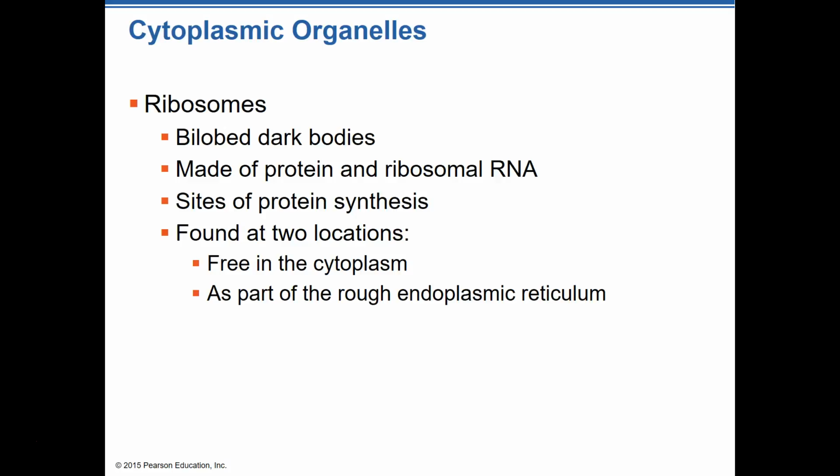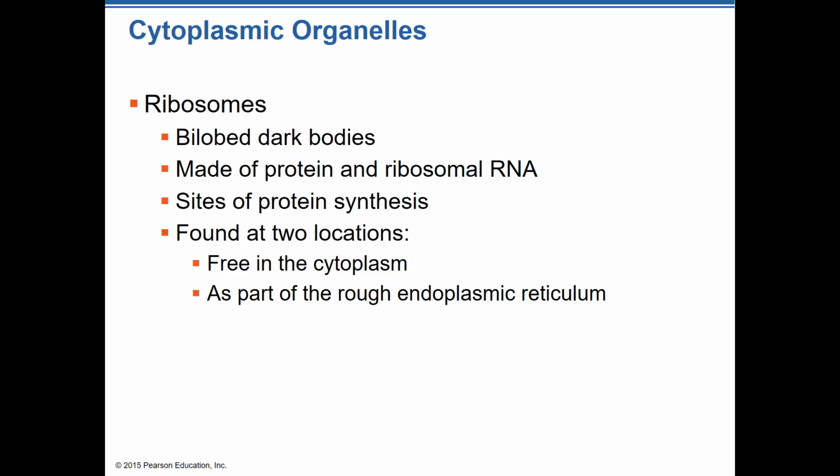Okay? Ribosomes, on the other hand, are those bilobed dark bodies, as it calls them, but it's those little dots that we've seen on the outside of the nucleus, and we've seen on the endoplasmic reticulum. That is why we call it a rough endoplasmic reticulum. This is where protein synthesis is done.